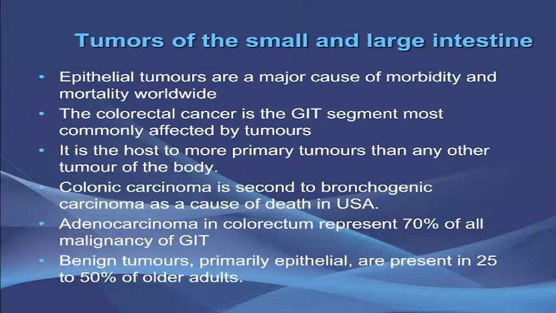Benign tumors in general are primarily epithelial and are present in about 25 to 50% of older adults. So it's a frequent finding during colonoscopy, and not just colonoscopy, but even at autopsy. Some of them are incidental findings.